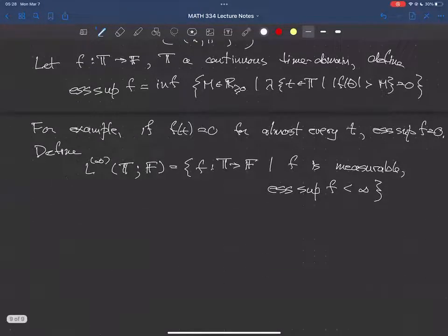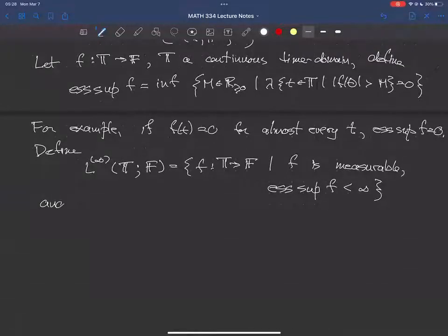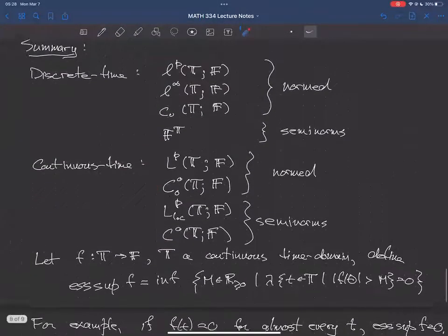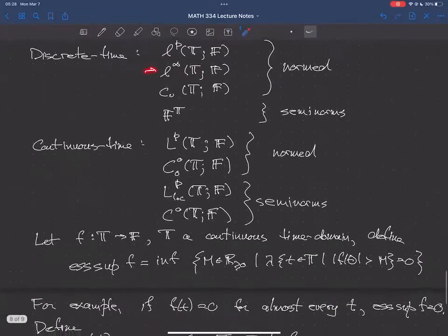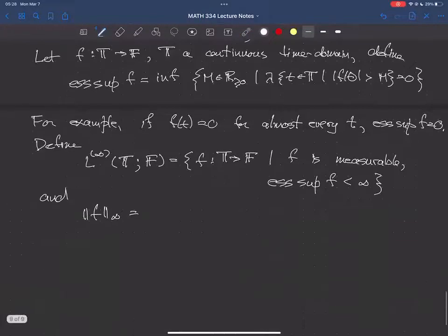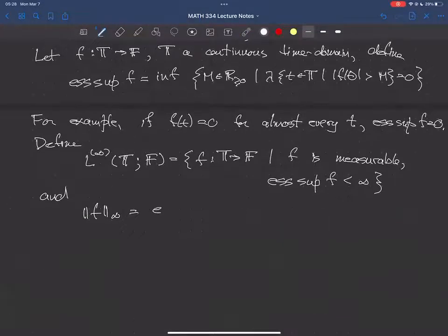The norm here is going to be the infinity norm. There's some confusion here. We talked about the infinity norm for this space and this space, and here we're going to talk about it for this space and this space. The infinity norm is simply the essential supremum.